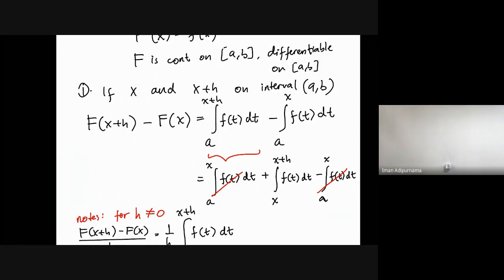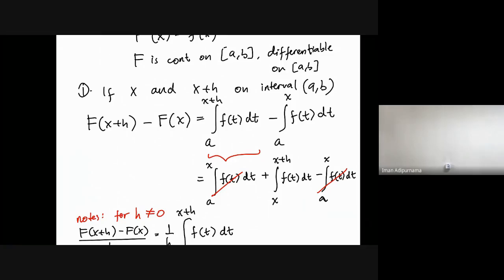If we assume F as the integral of f(t) dt, first we get these expressions, and we can simplify them to just x and x plus h. Meaning, if you have a first point and a second point, you can use that easily in integrations.